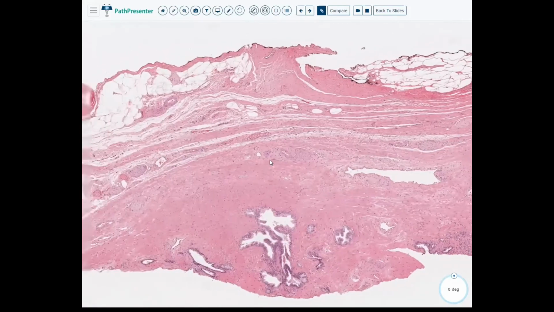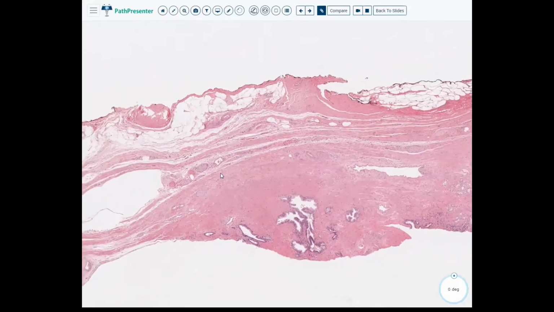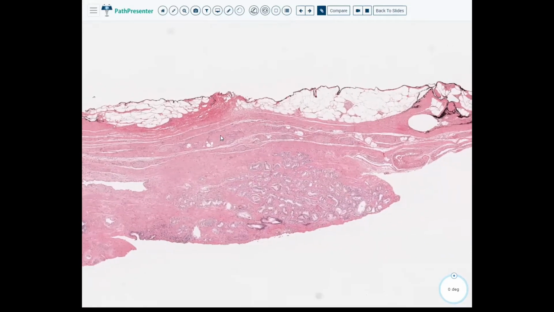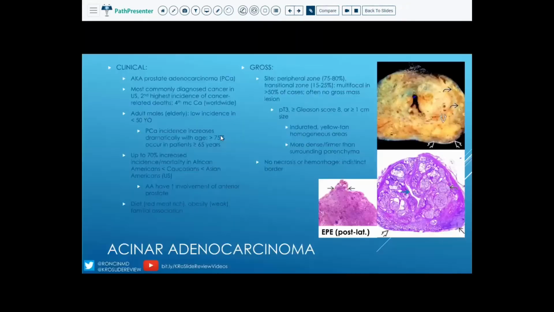Well, in most areas of the body, we tend to think of carcinoma as being large, atypical glands, but in the prostate, actually, it's the reverse. They become very small. So acinar adenocarcinoma, or prostate adenocarcinoma, which will be abbreviated as PCA, is the most commonly diagnosed cancer in the US and the second highest incidence of cancer-related deaths.